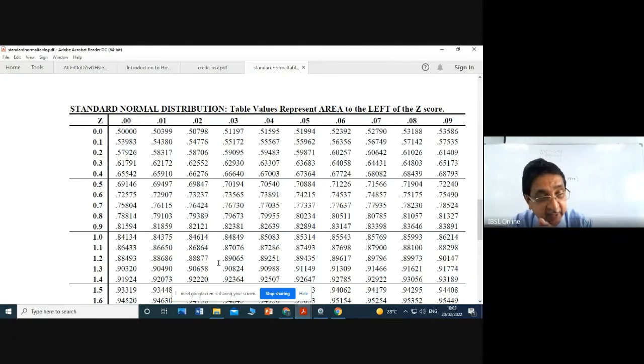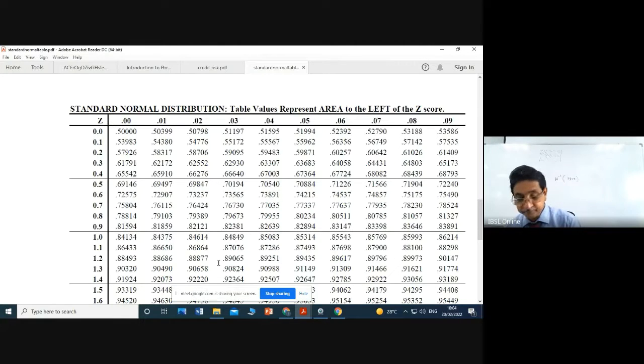Otherwise, there's another way: you can restrict your figures to 2 decimals, then you don't have to face any issue. But in an inverse thing, we can't do that, because you may not get the exact figure on the table. So therefore, you have to undergo this burden there also.